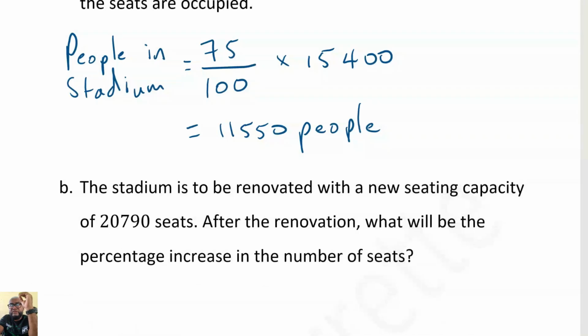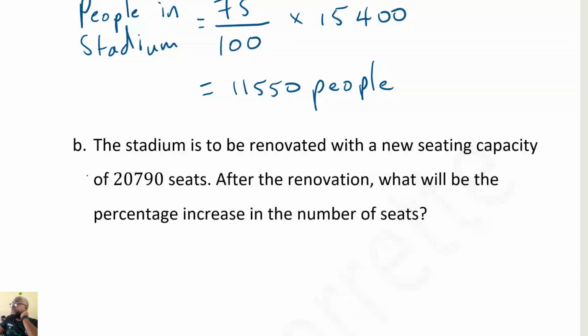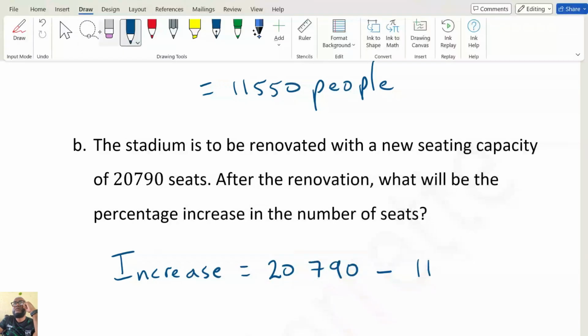Let's read it together. The stadium is to be renovated with a new seating capacity of 20,790. So what does that mean? Did the seating capacity increase or decrease? After the renovation, what will be the percentage increase in the number of seats? We know straight up it's an increase, but we need to figure out what this increase is. Let's put the work in. 20,790 minus what? Not 11,700 at all.